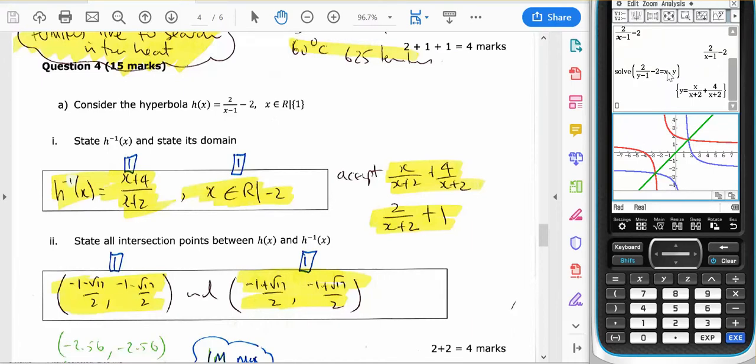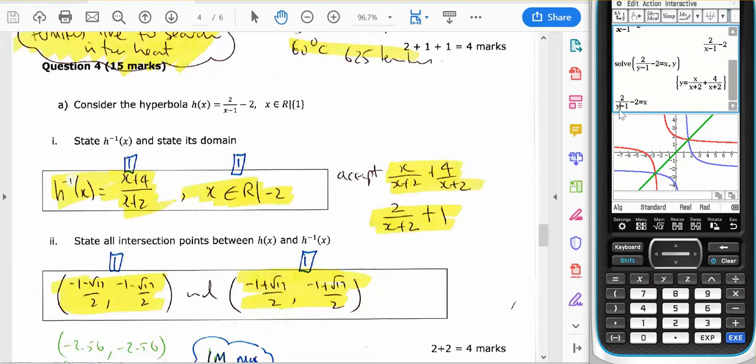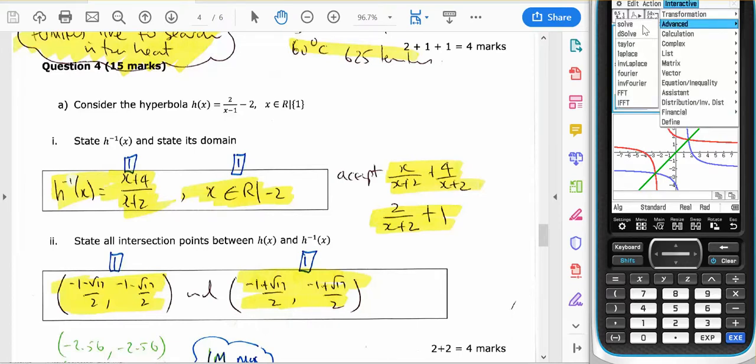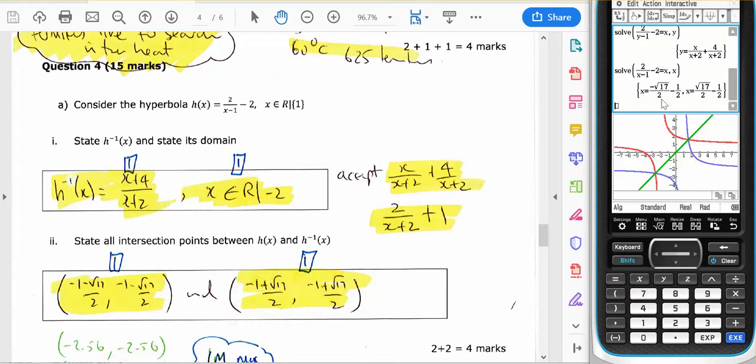So I'm going to make this equal to x, and solve for x. And that gives me these two x answers. And of course the y coordinate will be identically the same. So I have -1/2 minus root 17 on 2 and -1/2 plus root 17 on 2.